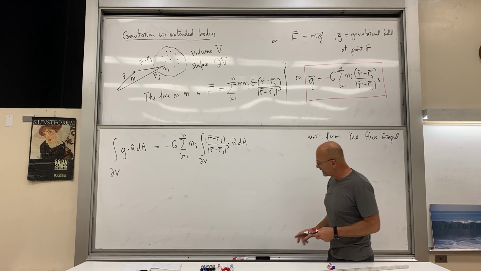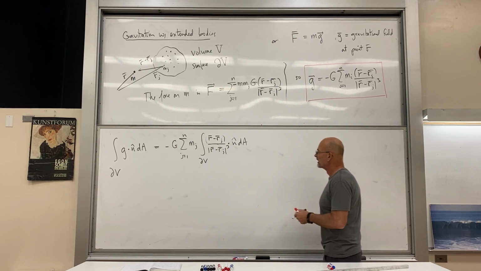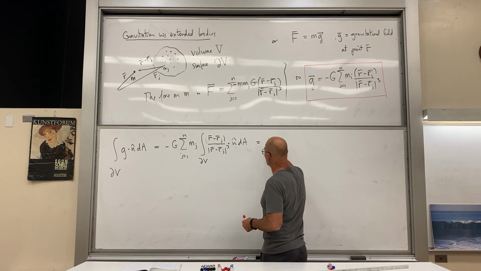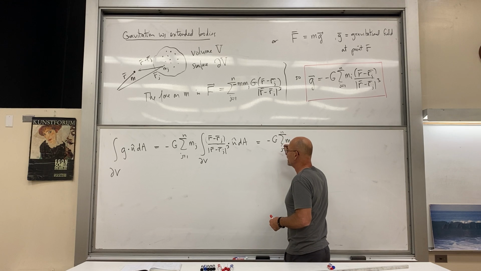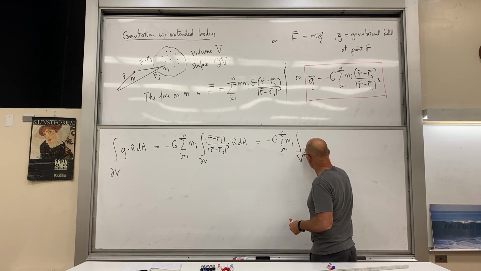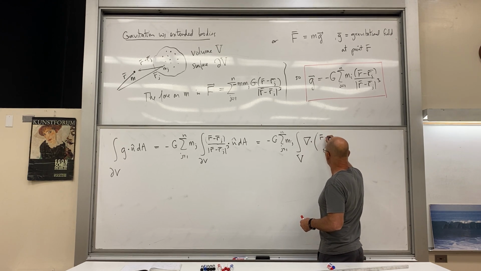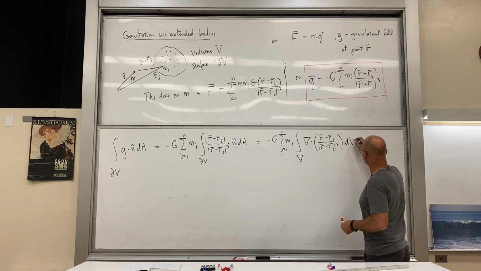And what we want to do is use the divergence theorem. According to the divergence theorem, we would have minus G sum over j equals 1 to n of m sub j, times the integral over the entire volume of the divergence of (r minus r sub j) over |r minus r sub j| cubed, d volume.